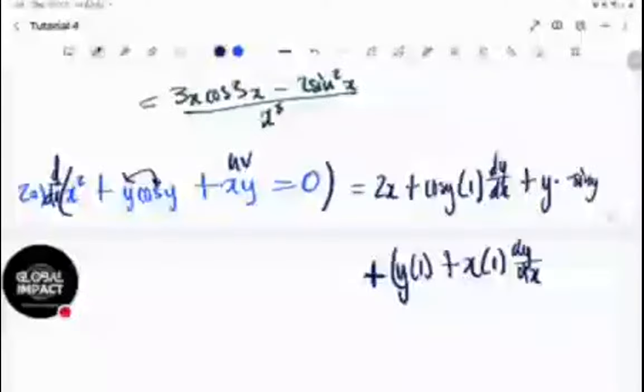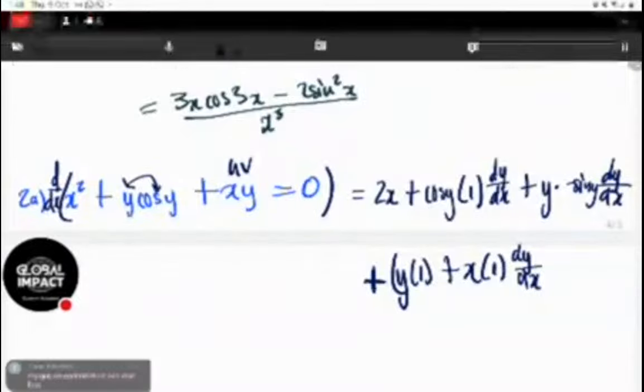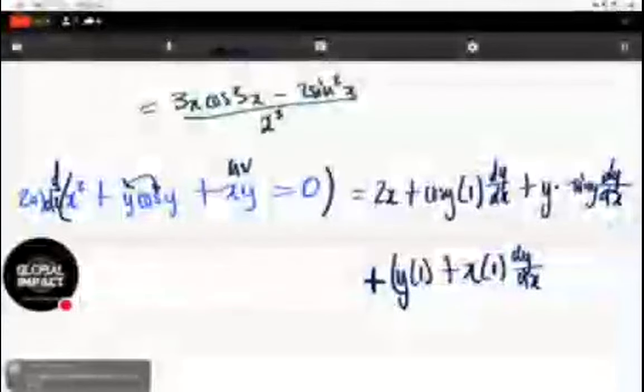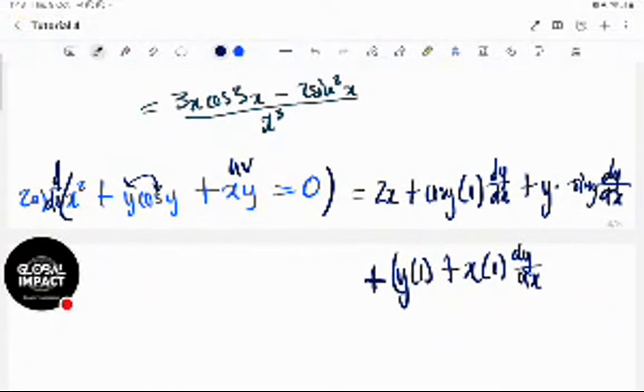Because it's a 1, you must put dy dx after. So in here, yes, there is again a dy dx, by the way. There is a dy dx here, because anytime you differentiate something which is in terms of y, afterwards you must put dy dx. That's implicit. It's simple. Remember the product rule. And remember, when you differentiate anything to do with y, put dy dx after.